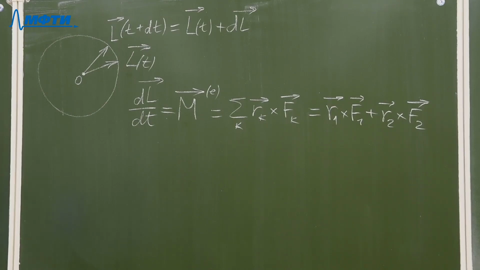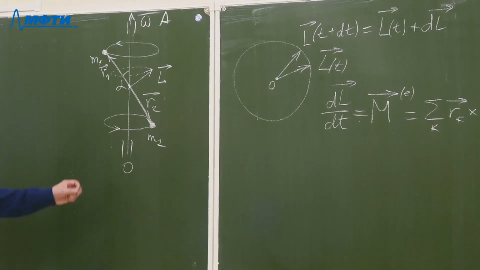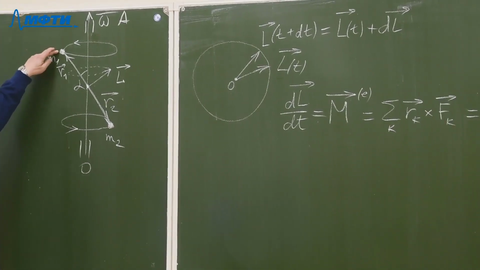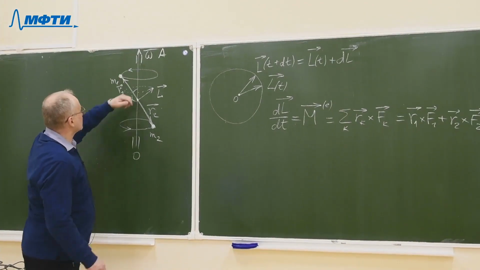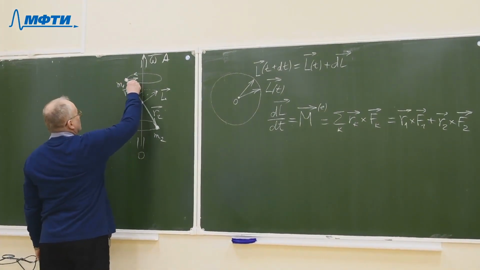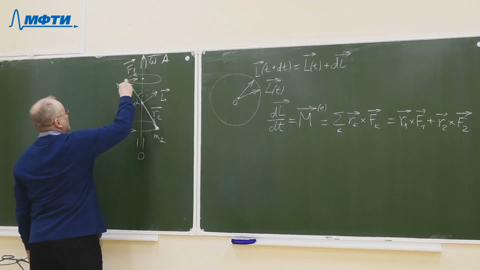If this body is M1, this is M2, if this body moves along some circular trajectory, what force should act on this body? Certainly a centripetal force, which is directed to the center of the circle. That will be force F1.